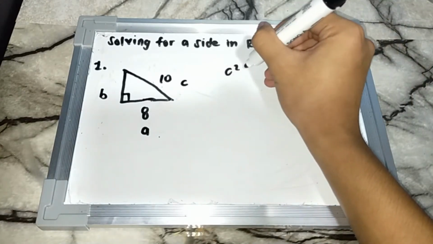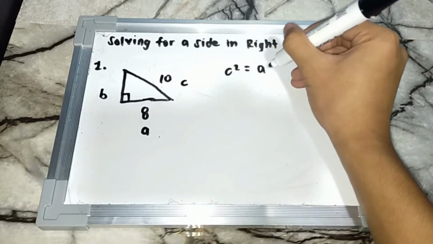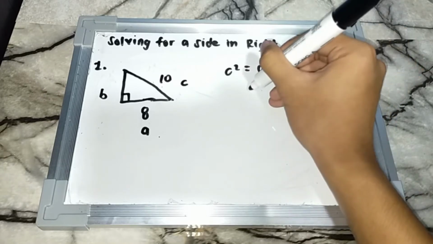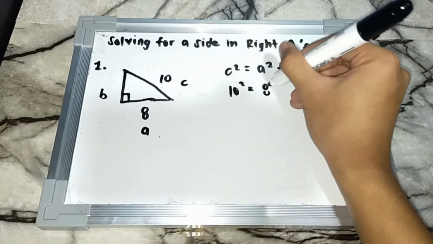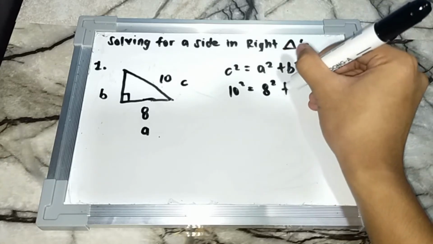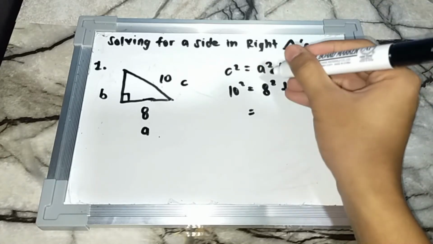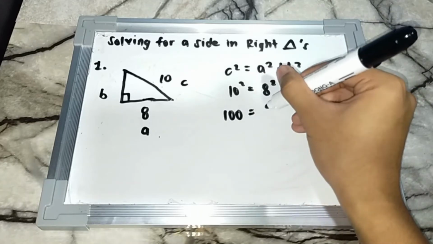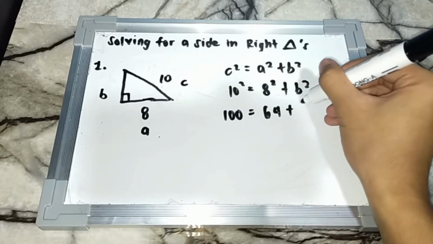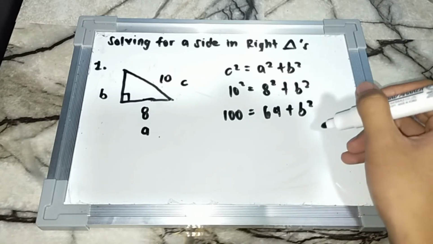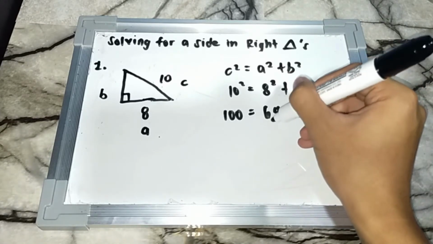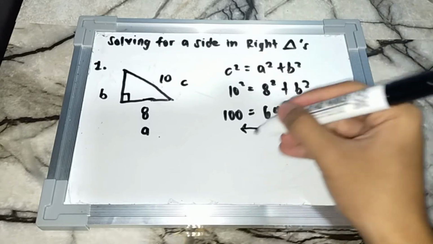So again, use the Pythagorean theorem. We have C squared is equal to A squared plus B squared. C is 10, so 10 squared is equal to A as 8 squared plus B squared. Simplify this: 100 is equal to 64 plus B squared. So we are going to isolate B squared on the right side, so we just move this to the left side.